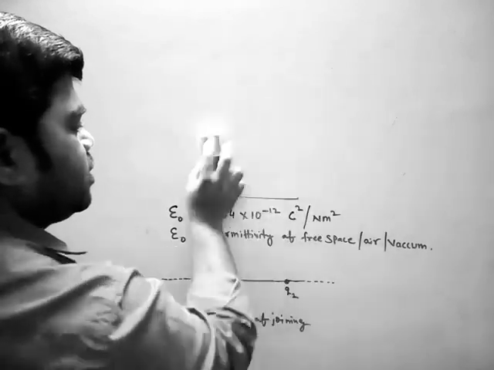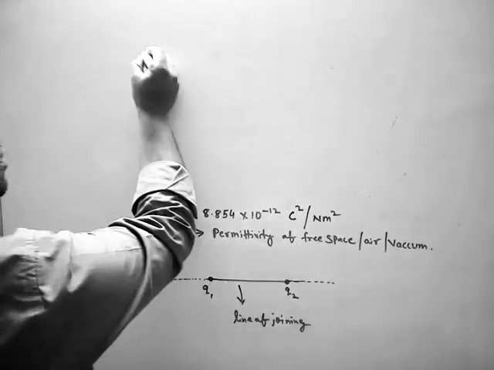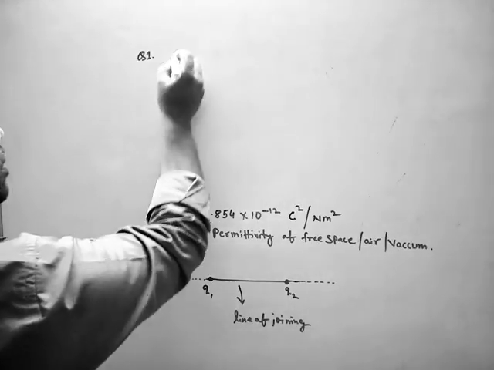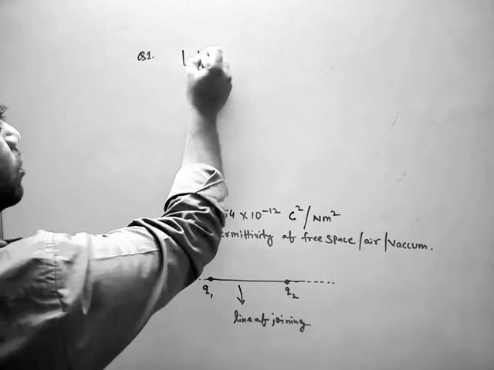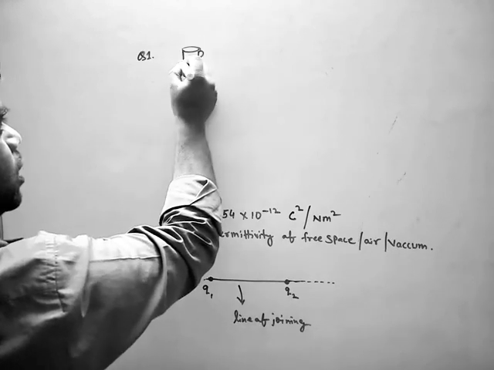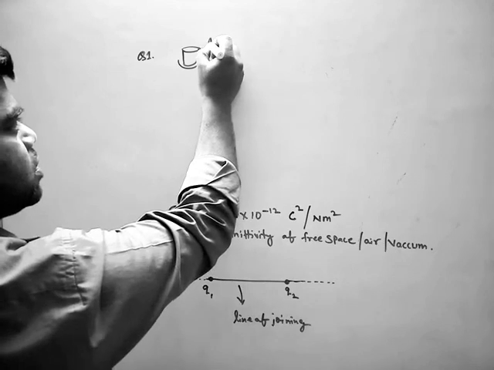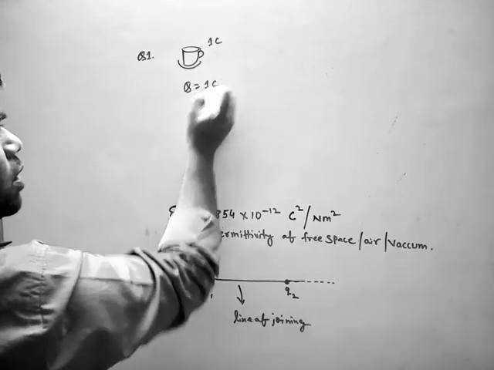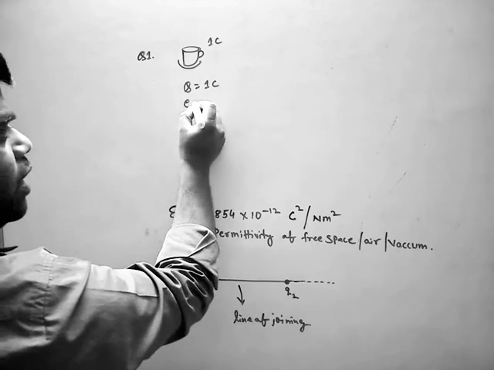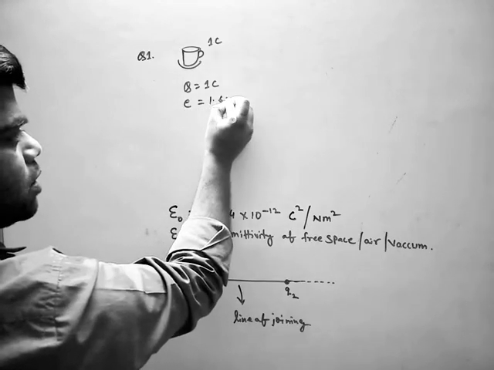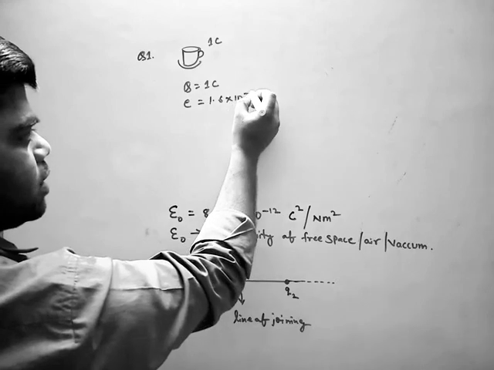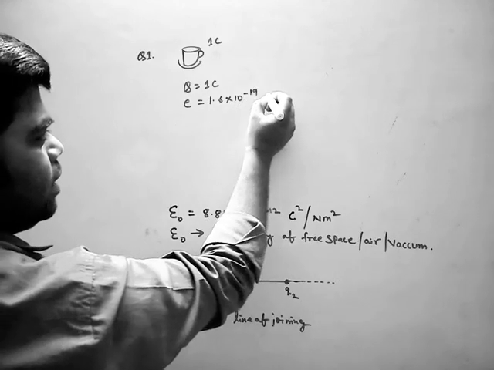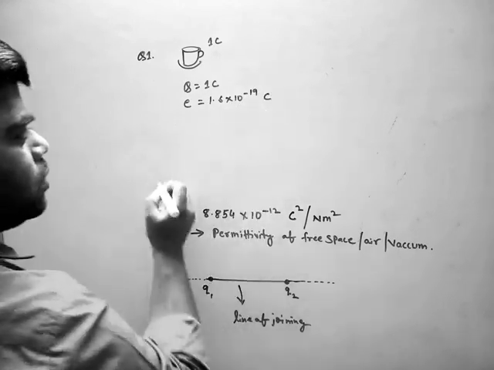Okay, and let me give you the answer of the first class question which I had already asked. In a cup of tea, the total charge is 1 coulomb. So Q is equal to 1 C and the fundamental charge is 1.6 into 10 to the power minus 19 coulomb.